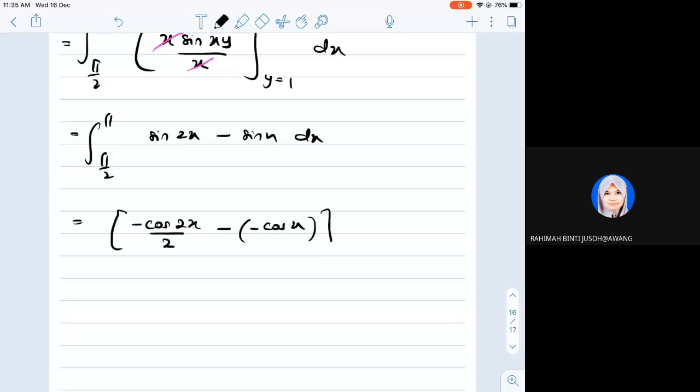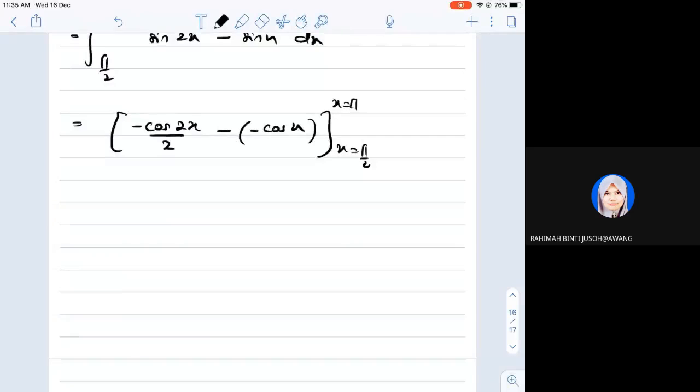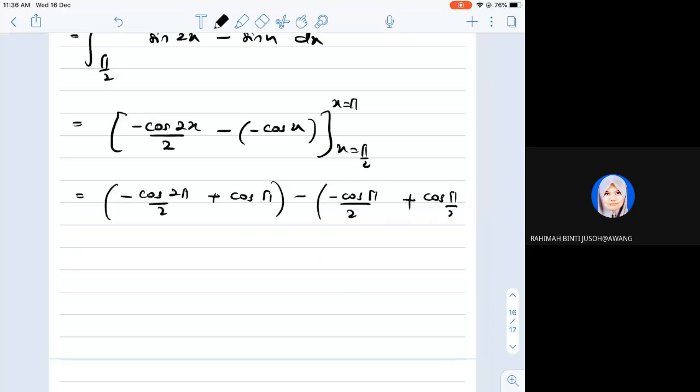So we will substitute x equals pi, x equals pi over 2. So negative cos 2 pi over 2, minus becomes plus, cos pi, minus negative cos 2 times pi over 2, so 2 times pi over 2 becomes pi. Minus becomes plus cos pi over 2.